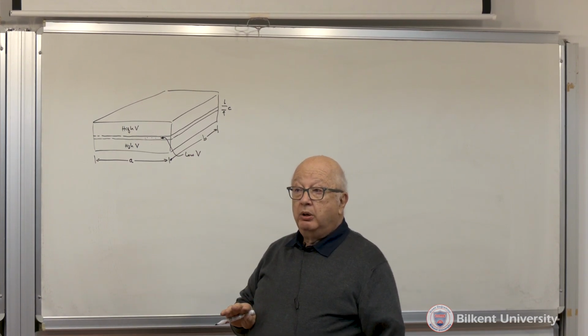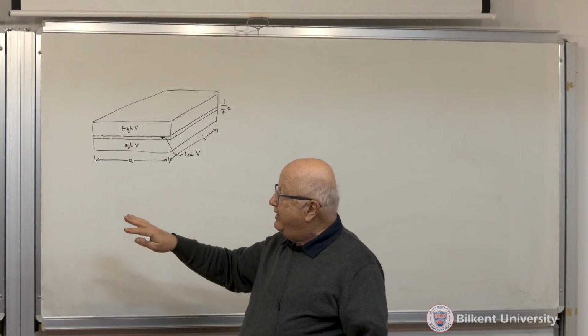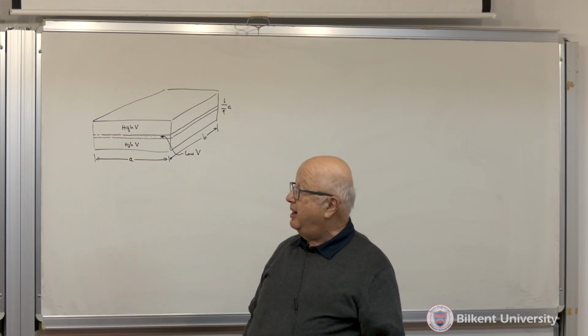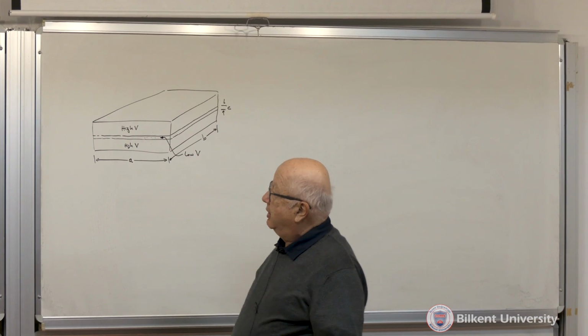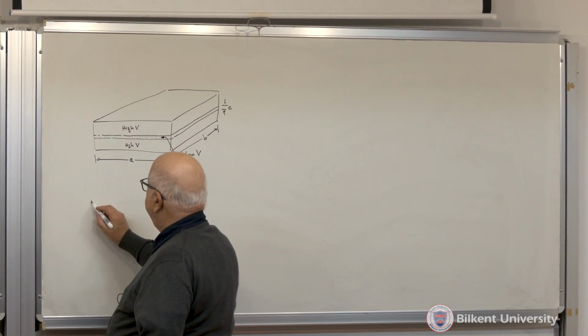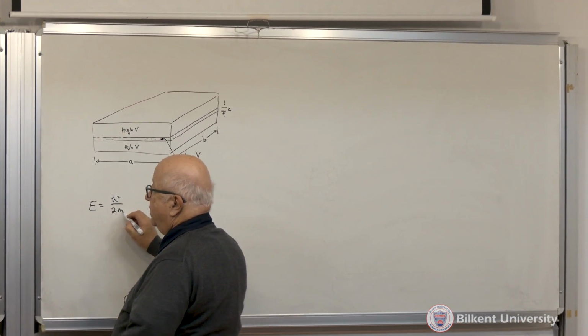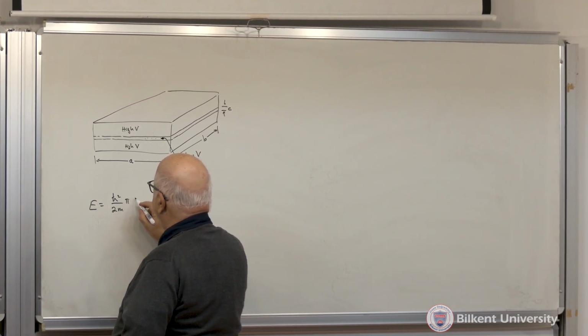Okay, so now what do the energy levels inside this box look like? Well, the energy levels, E, is going to be h bar squared over 2m, so I'll basically write the same equation here.